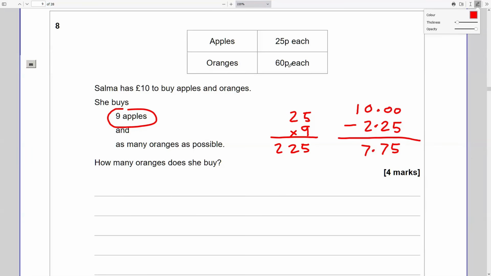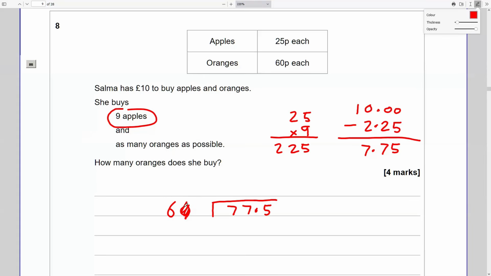These are then 60 pence each. So the easiest way to do that is we go 775 divided by 60. Well, if we cross the naught out, we may have to move the decimal point once here as well.